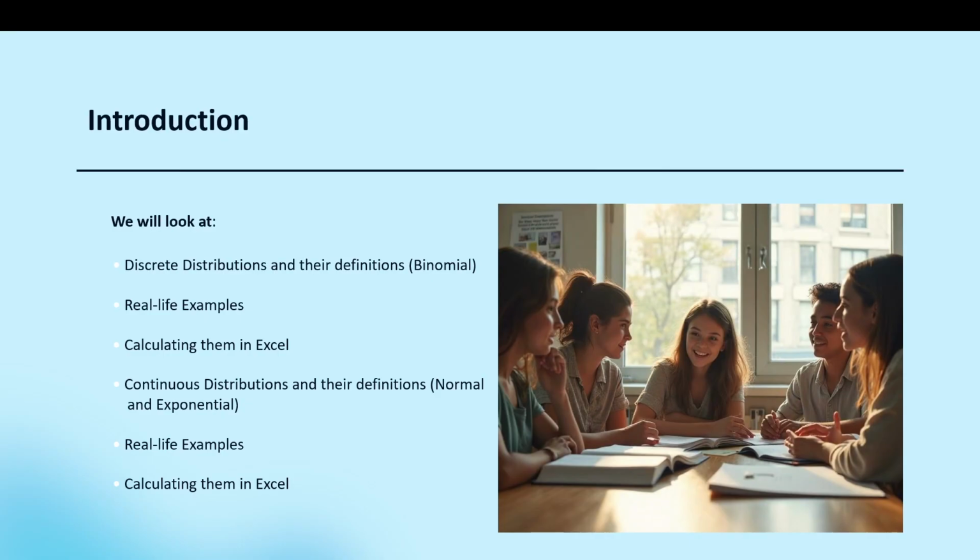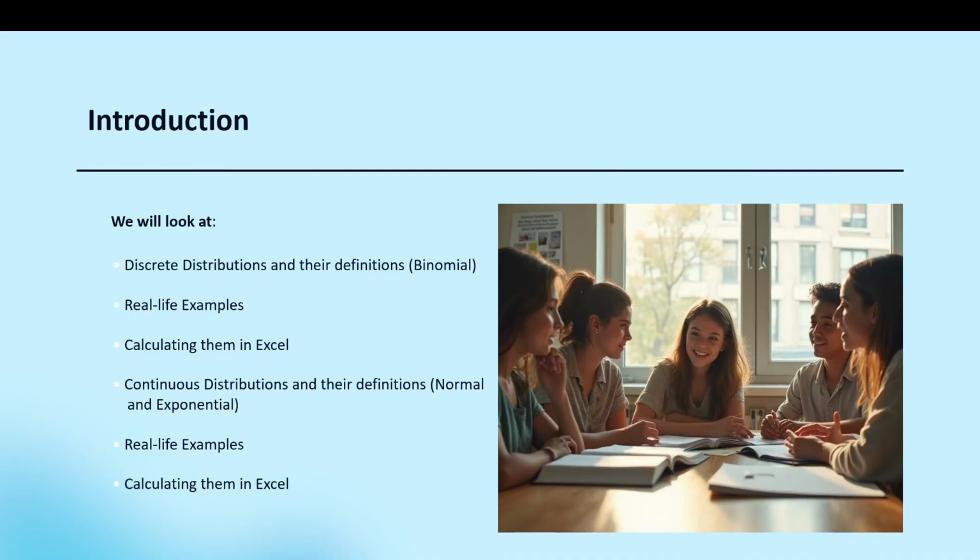In this presentation, we are going to cover discrete distributions, like the binomial distribution and its definitions. I'm going to mostly focus on binomial in this presentation. Next, we're going to see real-life examples of these distributions.